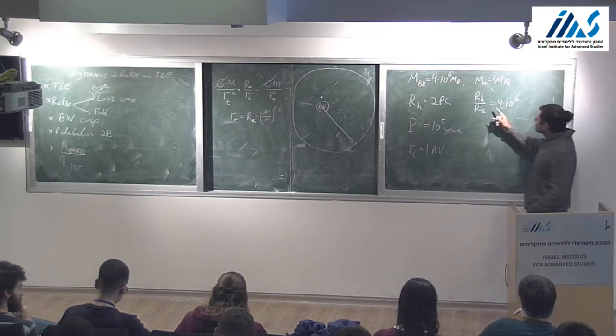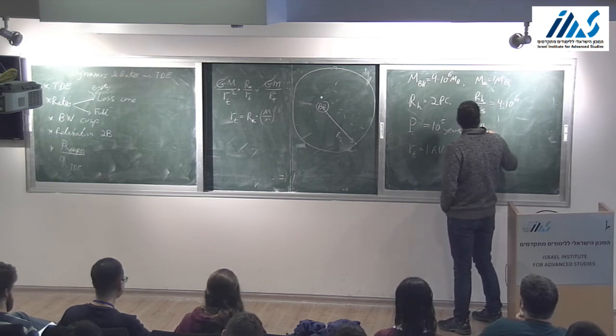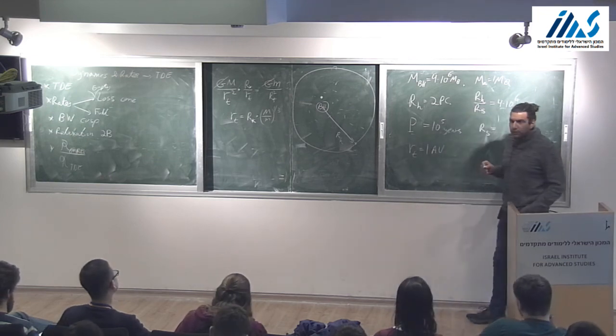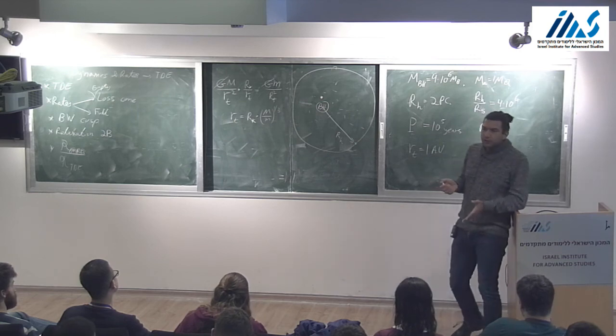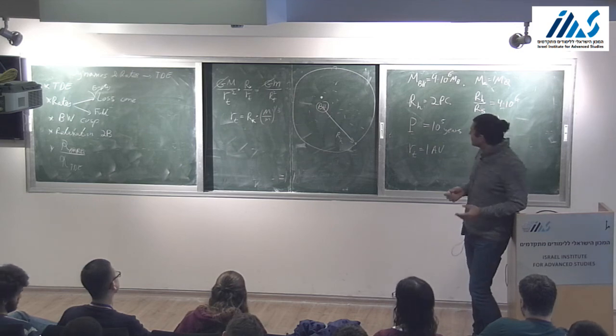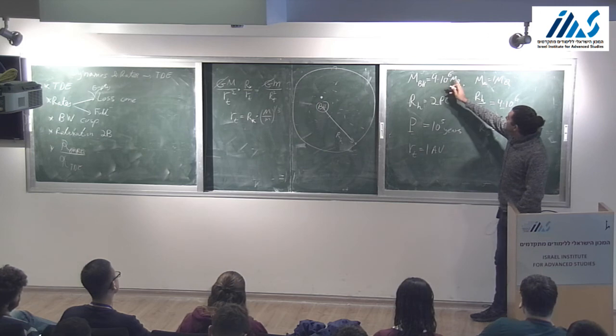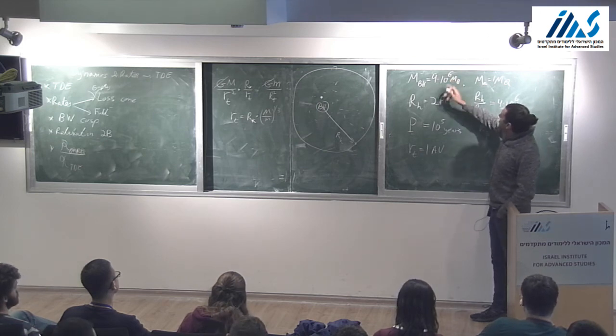The Schwarzschild radius: do you remember the Schwarzschild radius of our own sun, for a solar mass black hole? What is it? 3 kilometers, okay? And the Schwarzschild radius is proportional to the mass. So it's 3 kilometers times 4 times 10 to the 6.